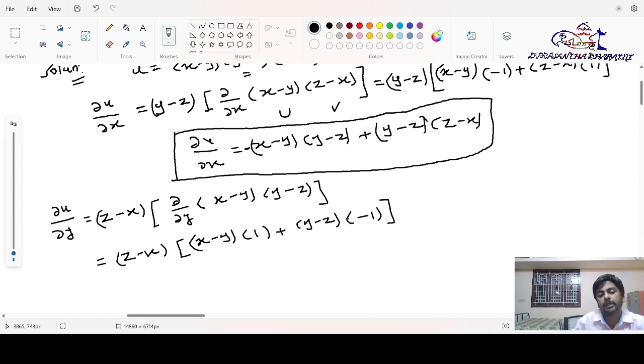Here also we can expand it and write it. I shall bring this above. We shall write it above.